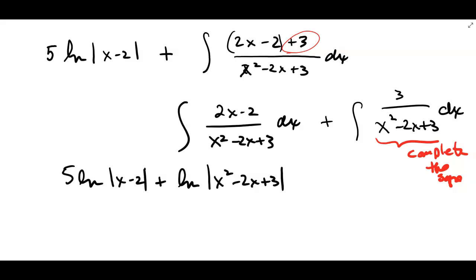If you complete the square, you turn this into x squared minus 2x. Half of 1, square it, plus 1, not plus 2. I don't know why I said plus 2. So in other words, you forget the 3 for a second and complete the square on x squared minus 2x.